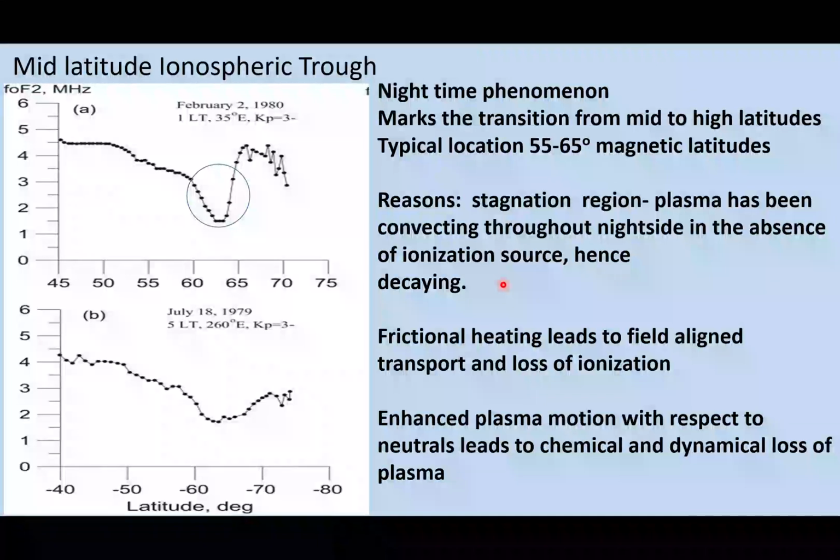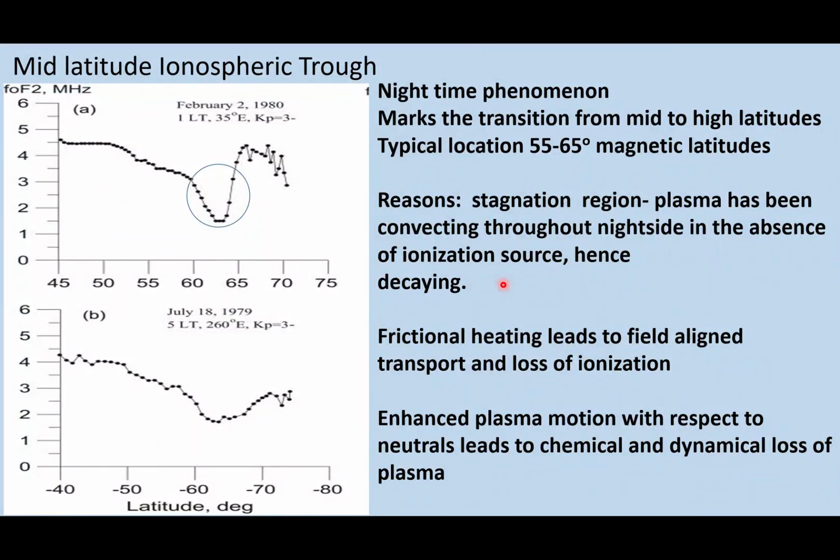Then frictional heating leads to field-line transport, because at high latitudes the magnetic fields are almost vertical, so the plasma is lost along the field line. Similarly, enhanced plasma motion with respect to neutrals, some sort of frictional motion between neutrals and ions, leads to chemical and dynamic loss processes. So these are the possible mechanisms for the production of this.